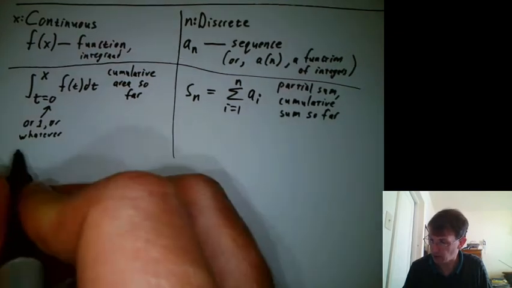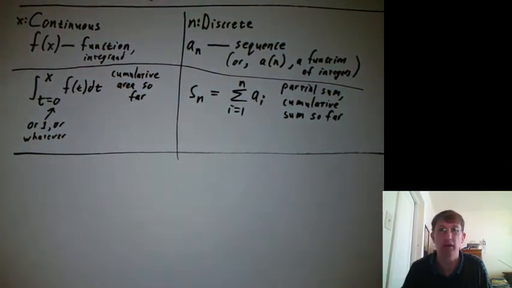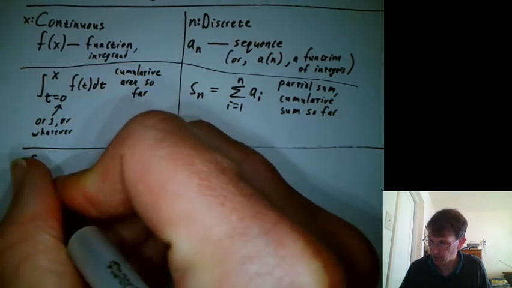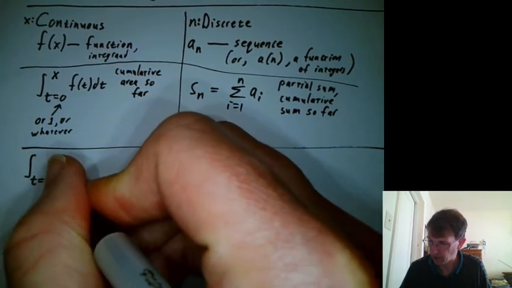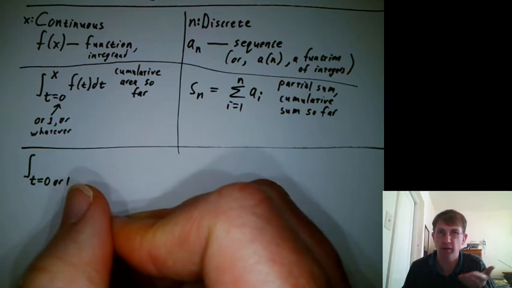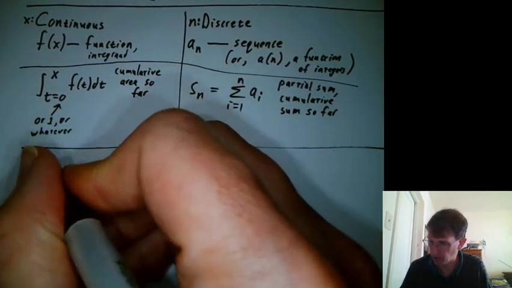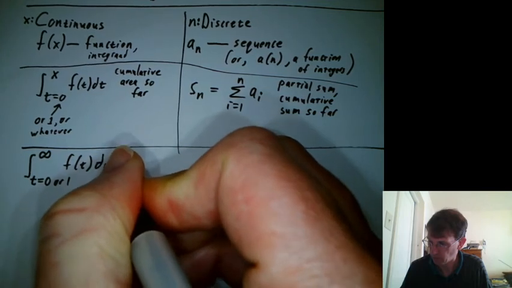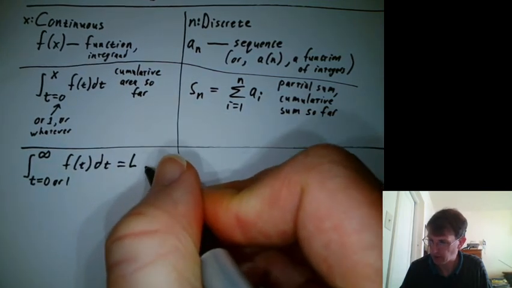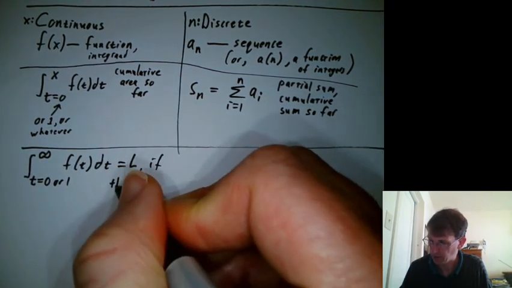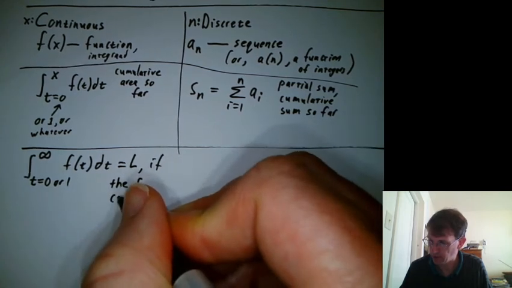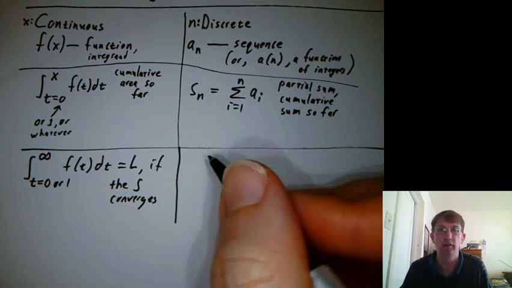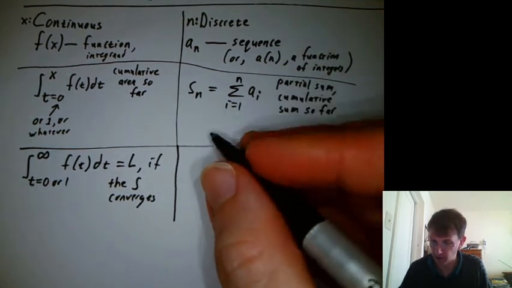If stuff converges, well, should I say stuff or should I be more careful? If we see the integral converge, sometimes we start at 0, sometimes we start at 1. That's not really the important part here. So sometimes we'd say that's equal to L if the integral converges. What's an equivalent statement in discrete territory?